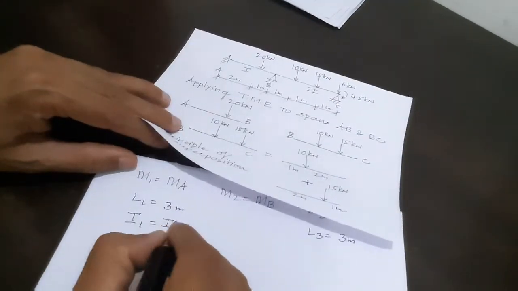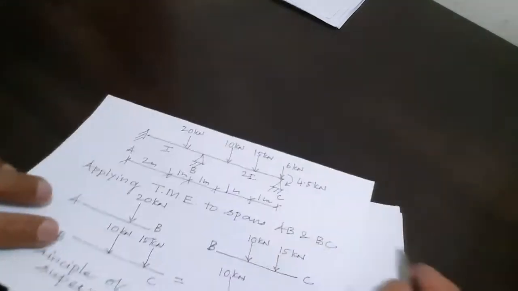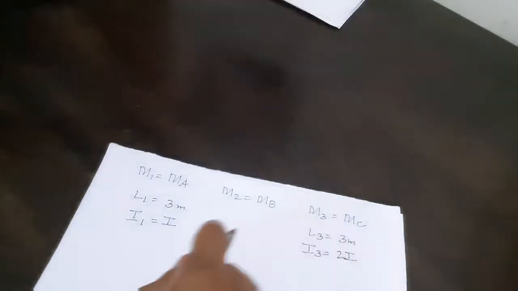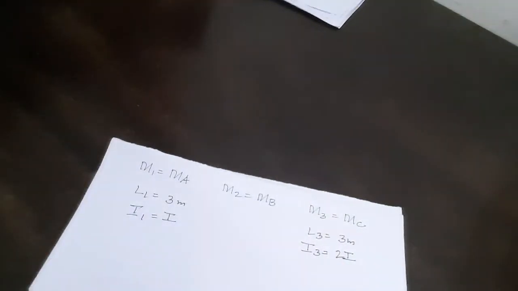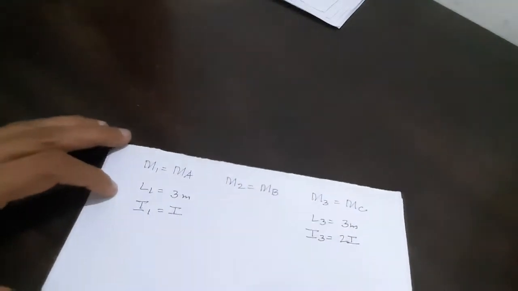I am not going to put the value of I till the final step. I will not increase my calculations. What is I3? I3 is 2I. Right, my friends, I know A1 X1 bar, A3 X3 bar, I am applying the three moment equation, but there is settlement of support.